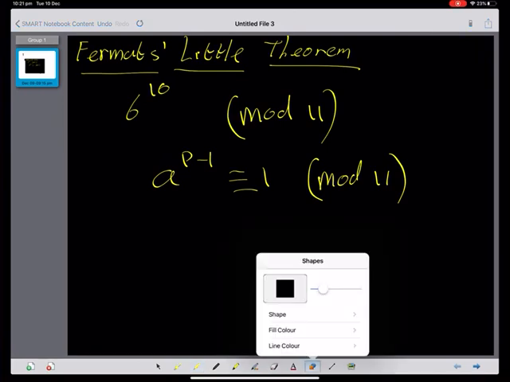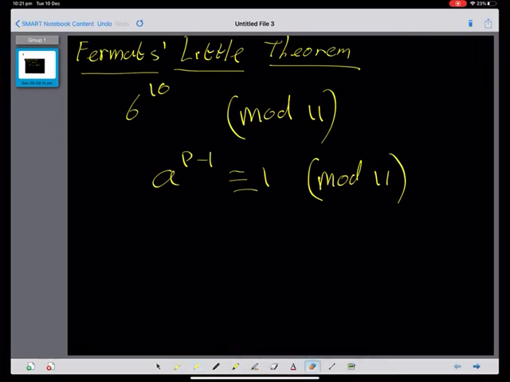The theorem says that A raised to the power of P minus 1 is congruent to 1 mod 11. We're working in mod 11, so let's write that power in. We've got 6 to the 10 is equal to 1 mod 11. Well, 10 is 1 less than the mod we're working in, which is 11. So the value of 6 to the power of 10 is 1.